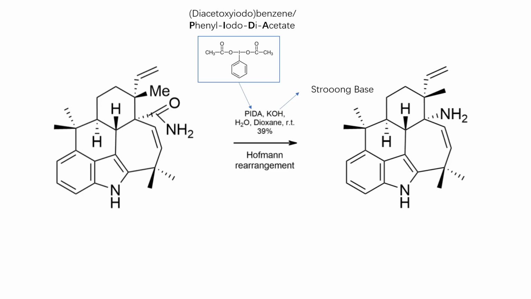Now this step is going to be a Hofmann rearrangement reaction, with the bromine source and KOH used. K is a very strong base, just like Na, just like sodium hydroxide. Potassium hydroxide is also a very strong base used over here, and this reagent is essentially acting as a bromine, because this is a Hofmann rearrangement.